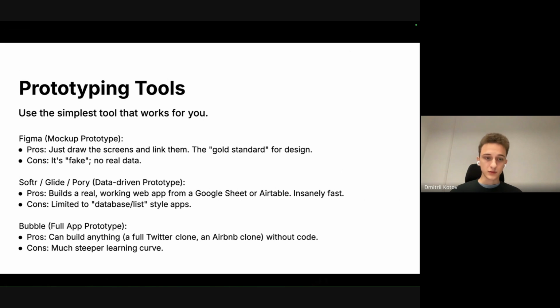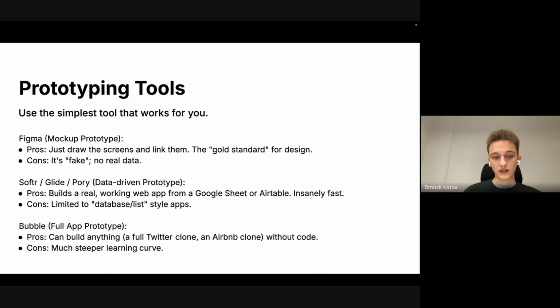Here are some tools that could work at the different stages. Figma, as most of you know, is just visual stuff that is not really connected to a working product.